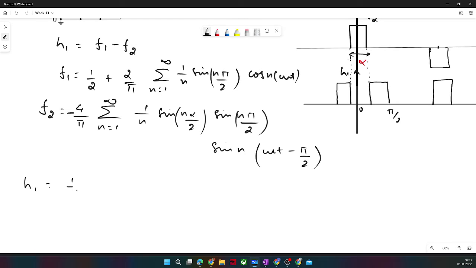It will be half plus 2 by pi summation n is equal to 1 to infinity 1 by n sine n pi by 2, we are taking common, and cos n omega t.